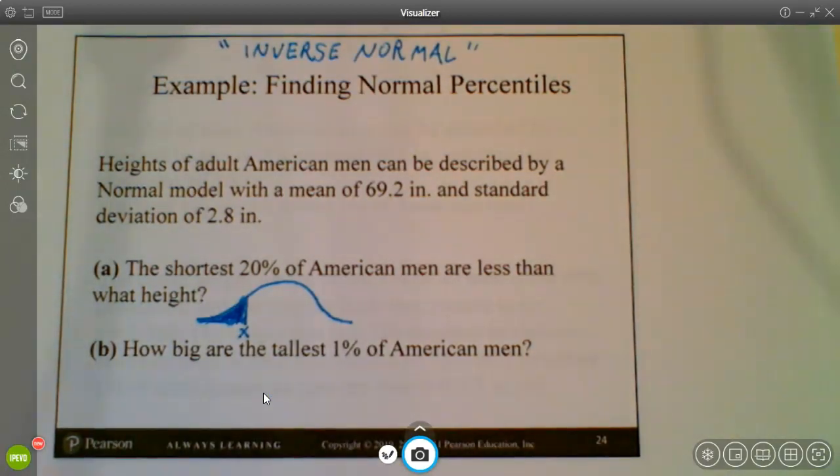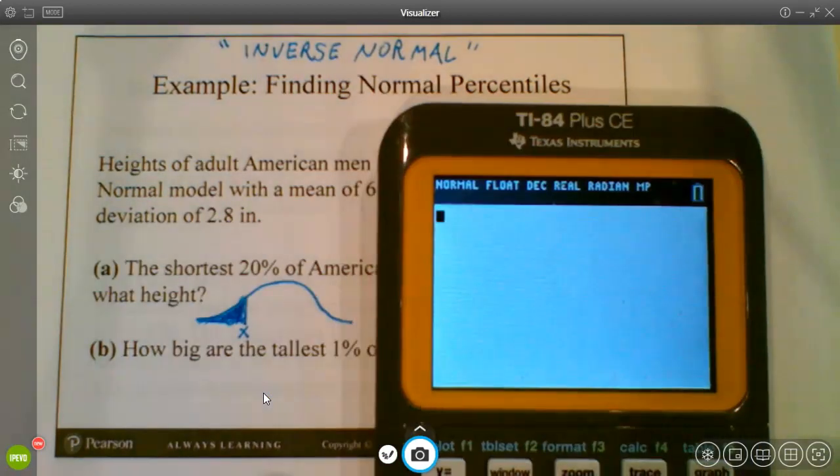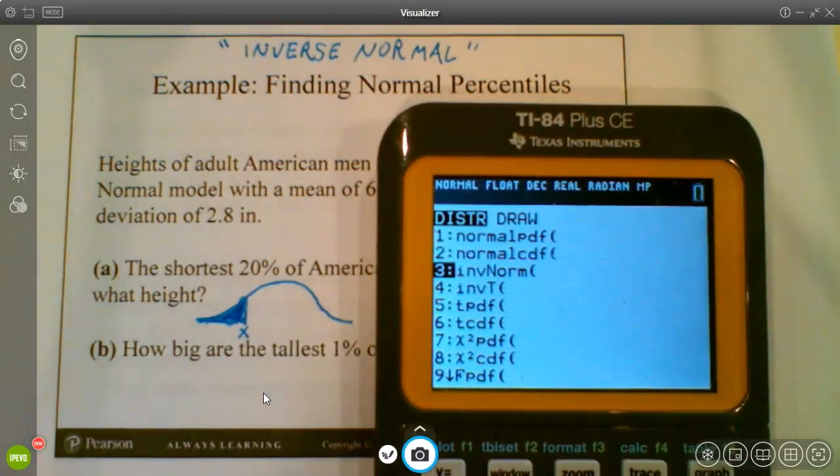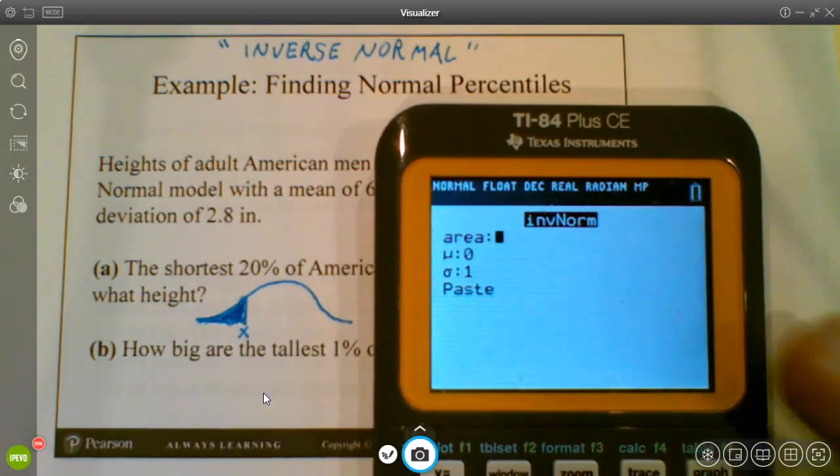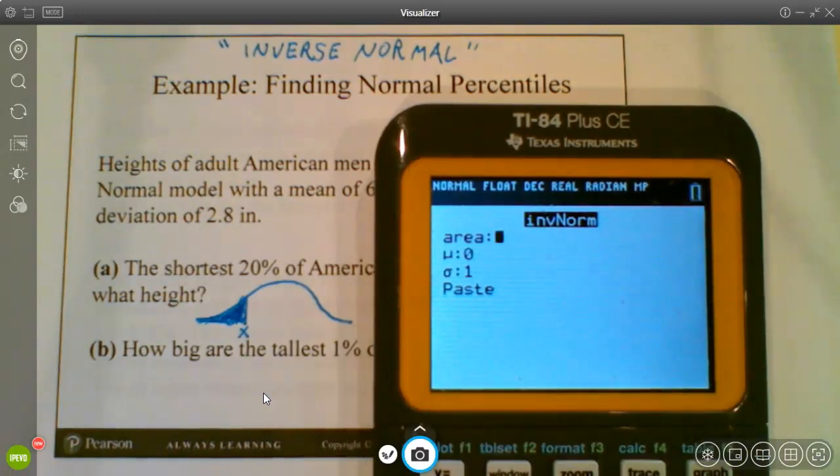On the graphing calculator, go back into distribution. Option 3 says inverse normal. Choose that one. They're going to ask you 3 things. They want the area under the curve, they want the mean, and they want the standard deviation.